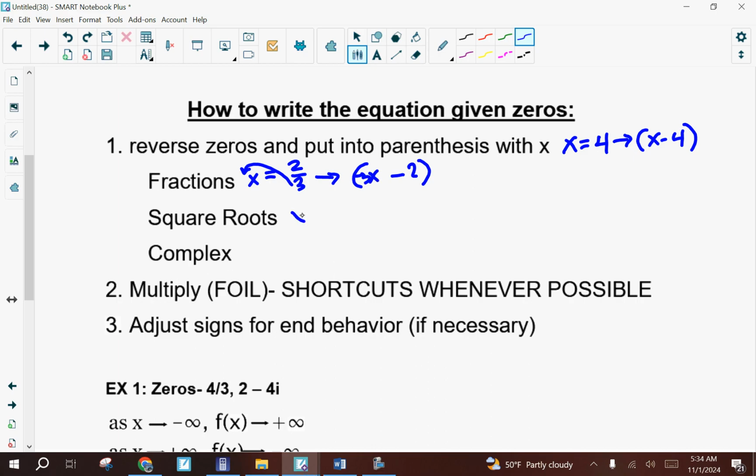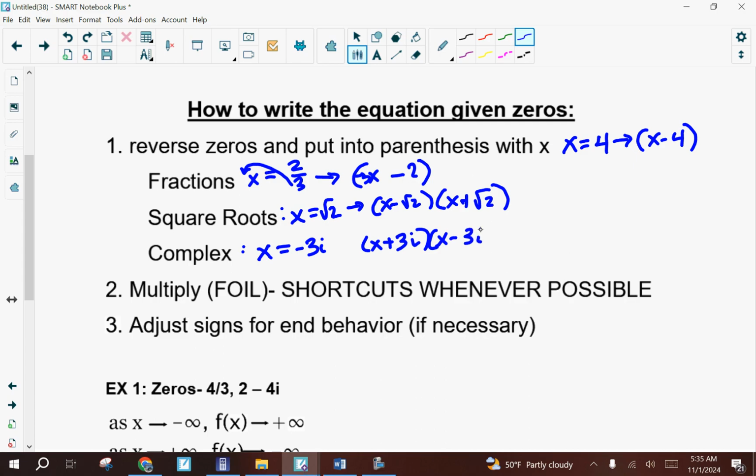If they give you a square root, so let's say x equals square root of 2, that automatically means you're going to get x minus square root of 2 and x plus square root of 2. Remember, square roots always come in pairs, and that's the same thing with your complex. If I tell you that the answer is x equals negative 3i, that means that we're going to have a parentheses of x plus 3i and x minus 3i.